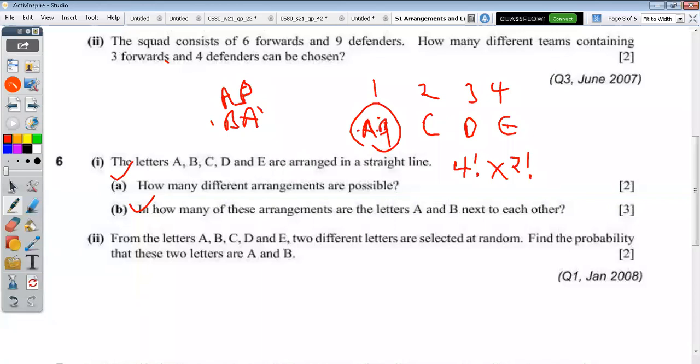I got kicked off, so I should be better now. So from the letters A, B, C, D, and E, find the probability that the 2 letters that are chosen are A and B.